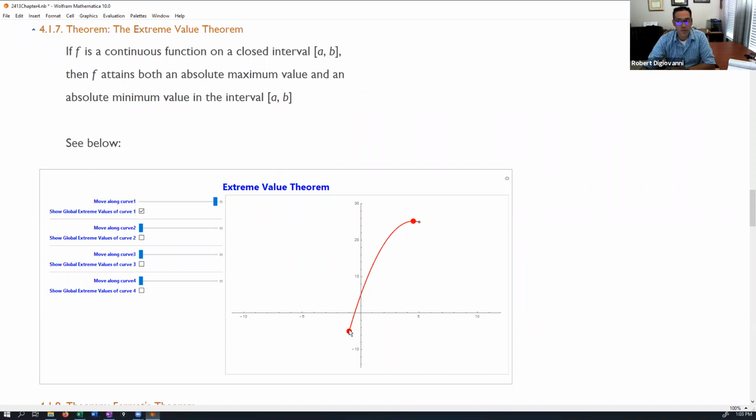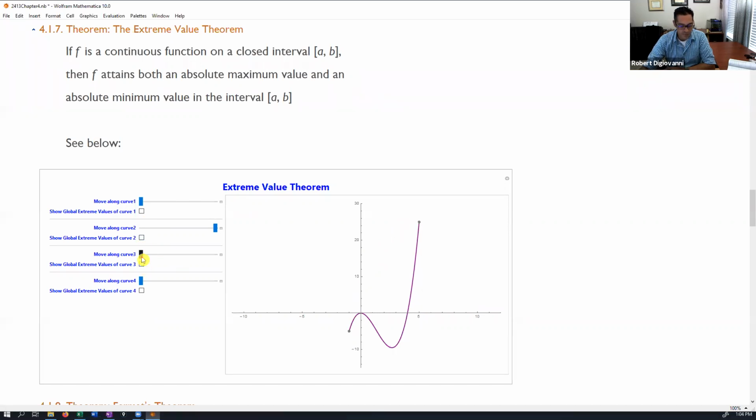That's pretty straightforward. Here's another example of another graph. Let me take the other one off of there. So here's another example where we start here, we draw it, and it ends here, and you can see we have a global maximum here and a global minimum here.